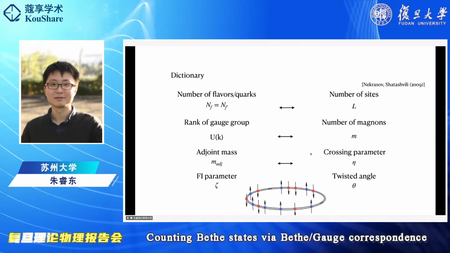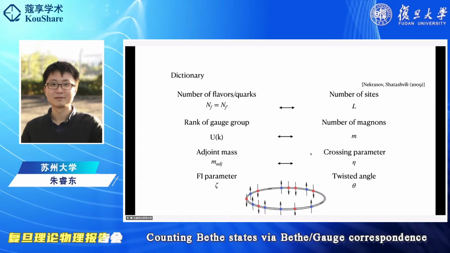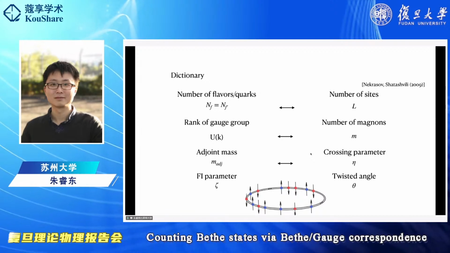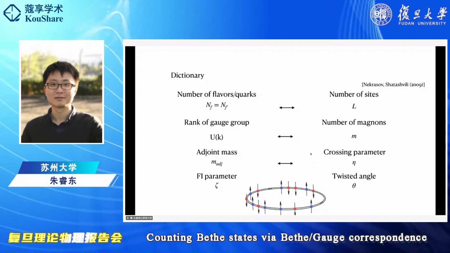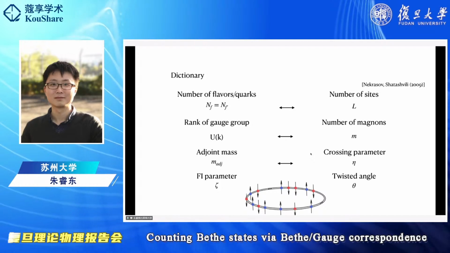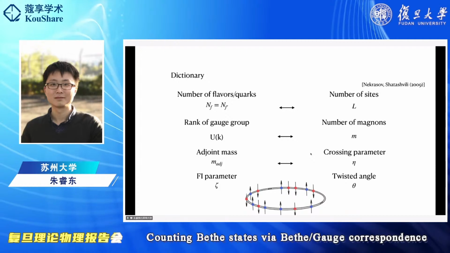A magnon is an excitation of the spin chain; by flipping an up spin to a down spin, we generate a magnon. The adjoint mass in the system corresponds to the crossing parameter in the R matrix, and the theta parameter corresponds to the twist angle in the spin chain. So this is the dictionary.